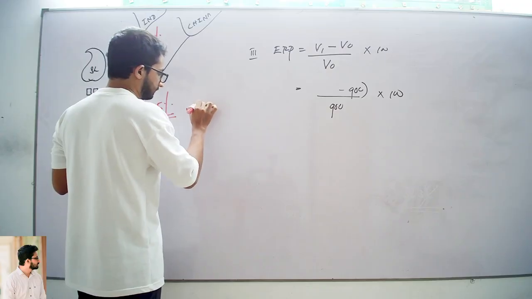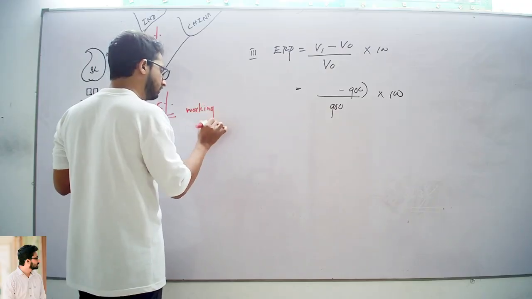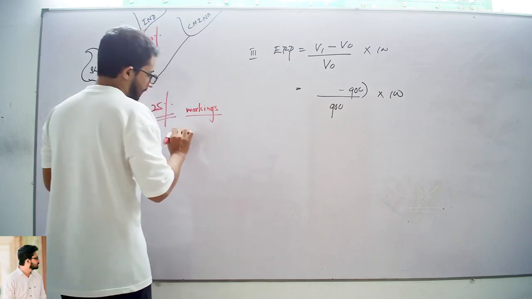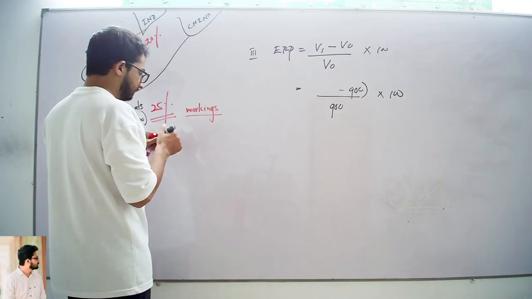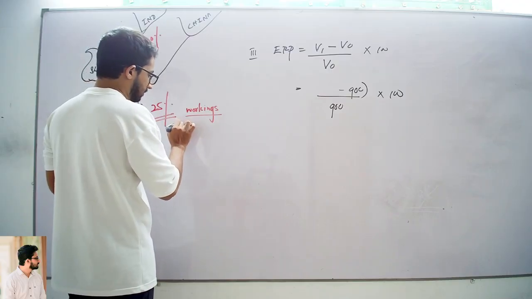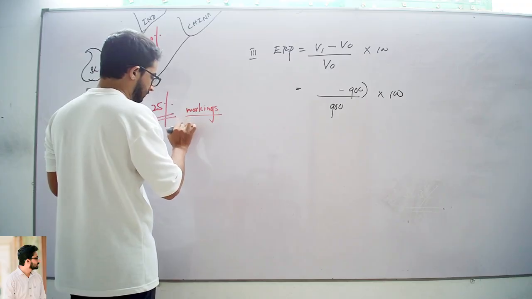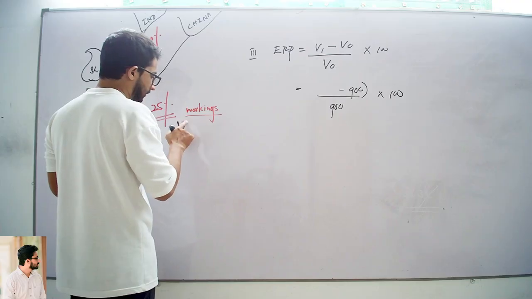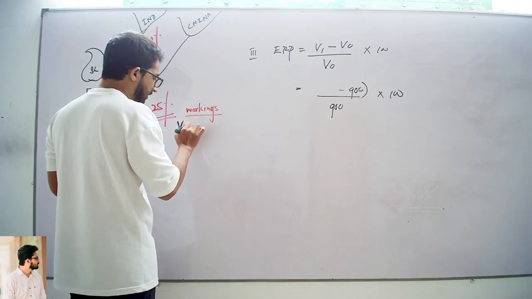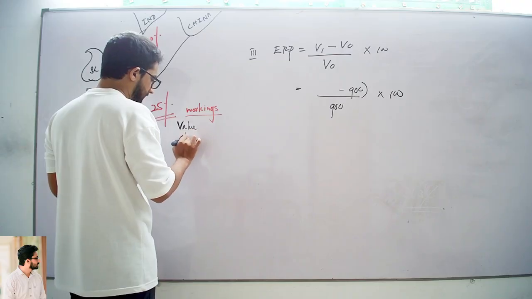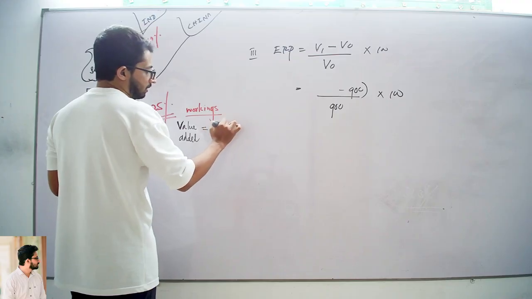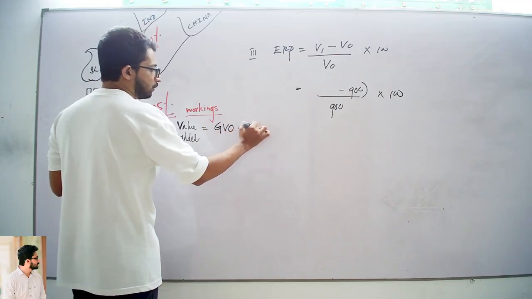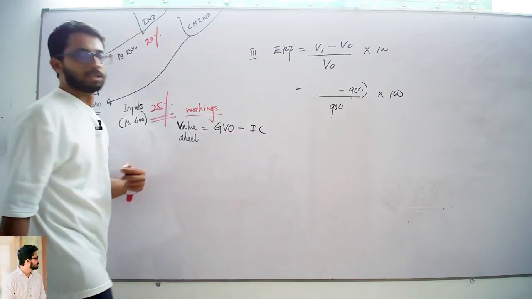Workings. Value added equals the selling price, gross value of output, minus intermediate consumption.